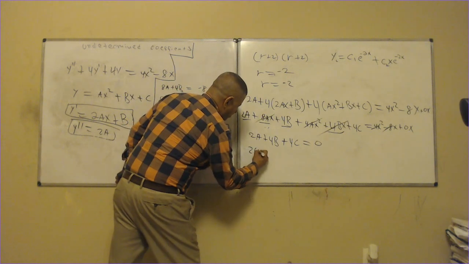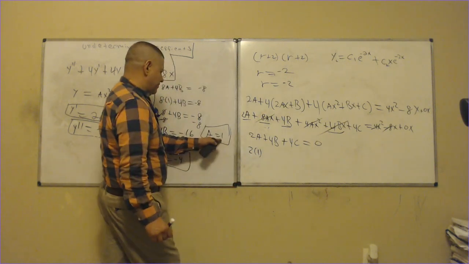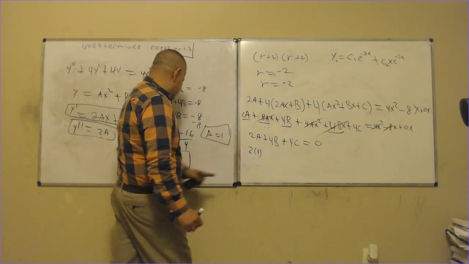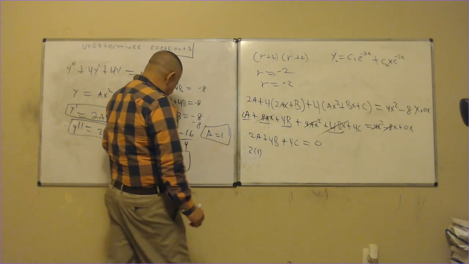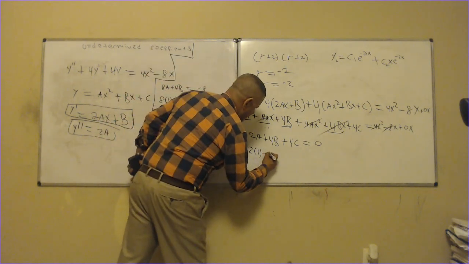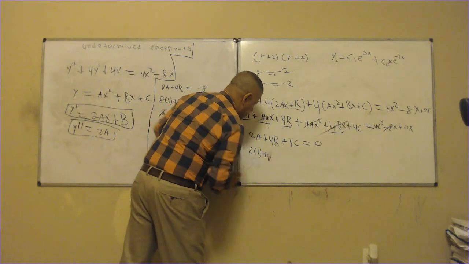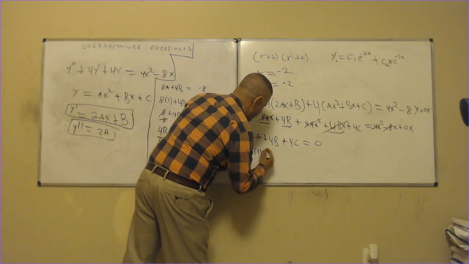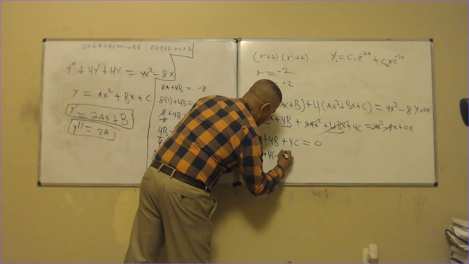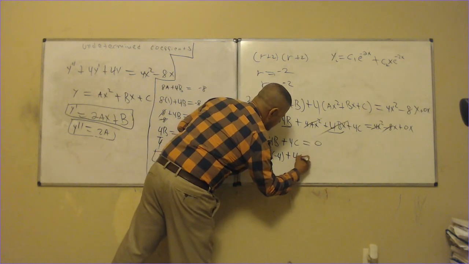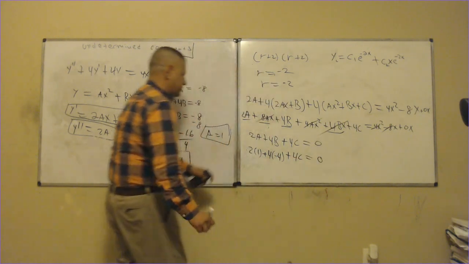So the 2 times 1, plug that into that. And then my b is negative 4, so it's plus 4 times negative 4 plus 4c is equal to 0.